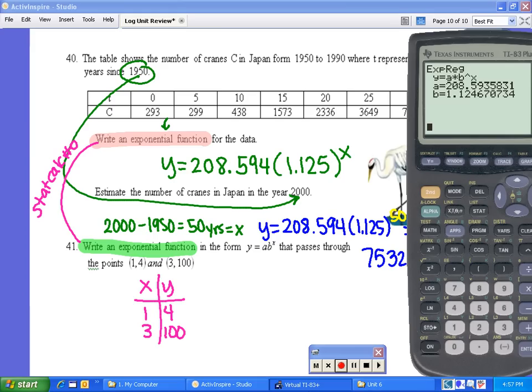And then you'll go to your calculator, go to your stat edit. If you want to clear the information that you have, press clear enter. Never, ever, ever press delete because you'll lose everything, including the table headings.